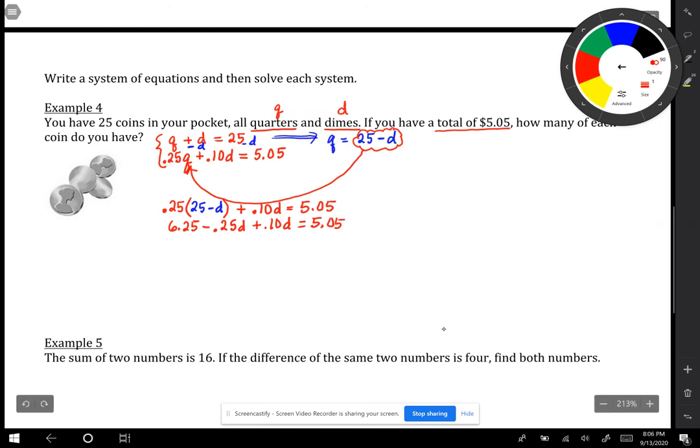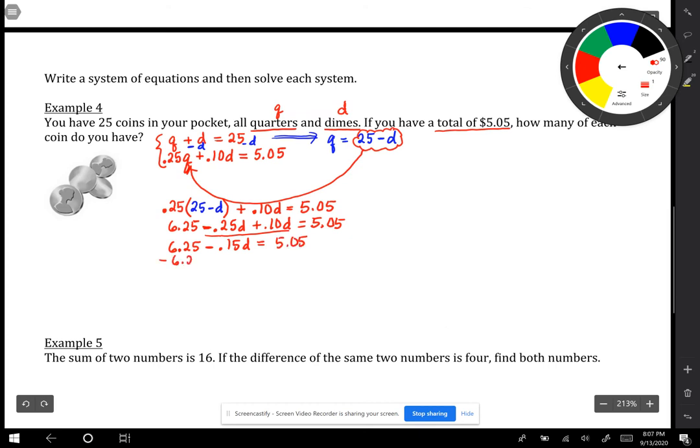Okay, we can combine like terms, these two. So we have 6.25 minus, that's 0.15D. A lot of students want to add 0.25 and 0.10 together, but remember there's clearly a minus sign right there. Equals 5.05.